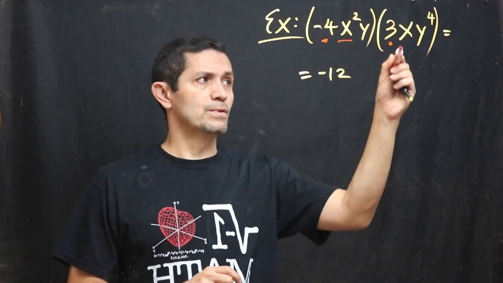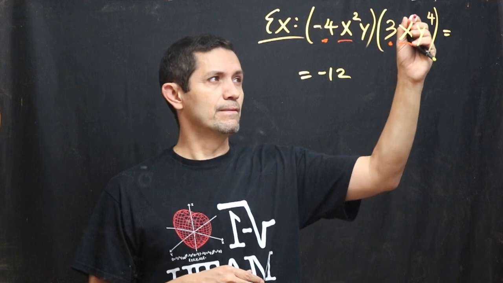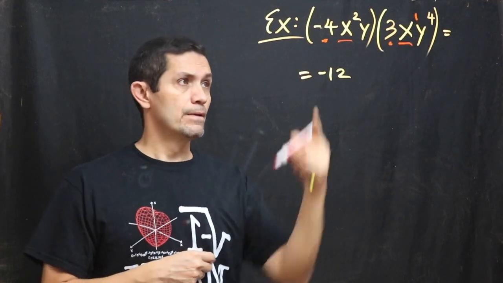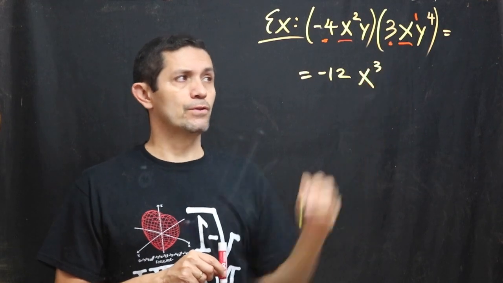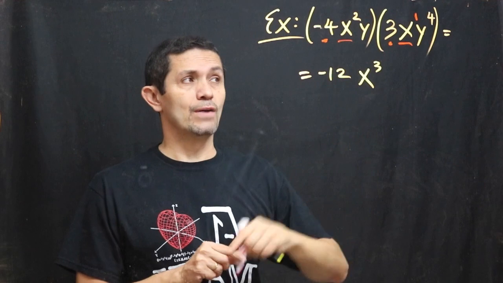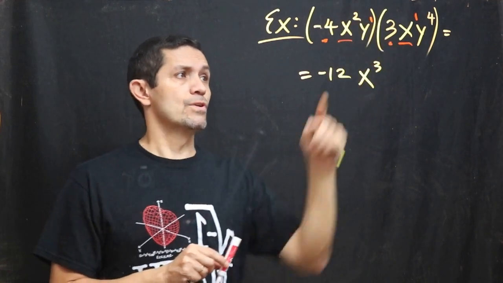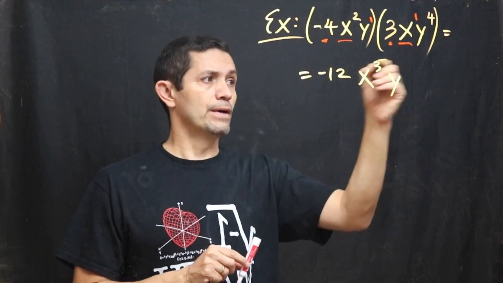Then the x's with the x's, x to the second times x, there's no exponent. You have a 1. So x squared times x, you add the exponents. 2 plus 1 is 3. And again, here's a y. There's no exponent on the y. You have a 1. So y to the first times y to the fourth power is y to the fifth power.